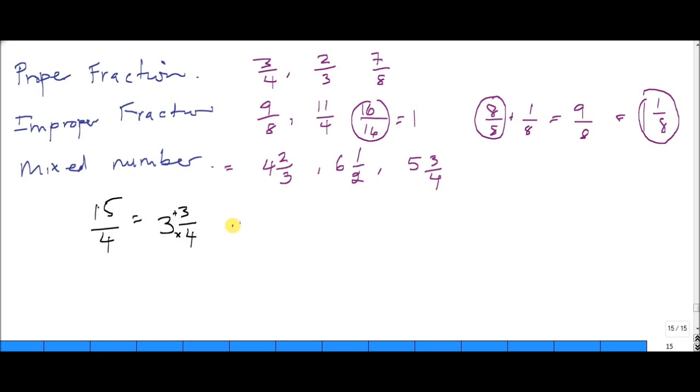Let's use the example that we had established here: 9 over 8. 8 into 9 would go 1 whole time, with a remainder of 1 over 8.